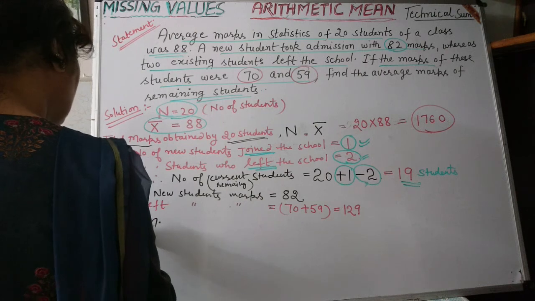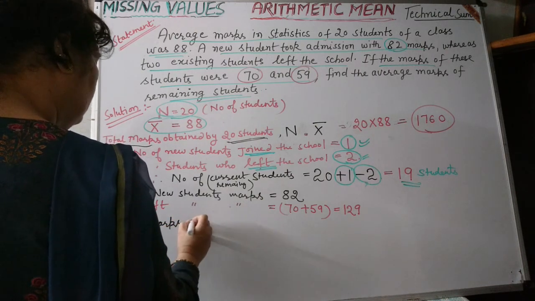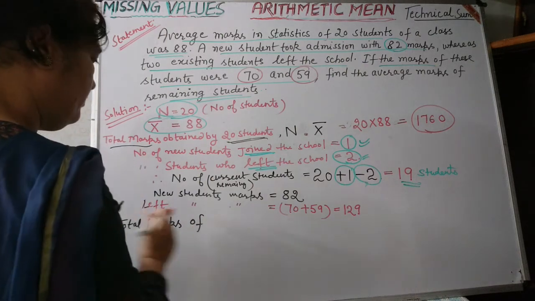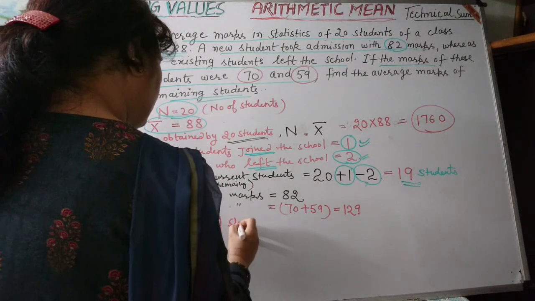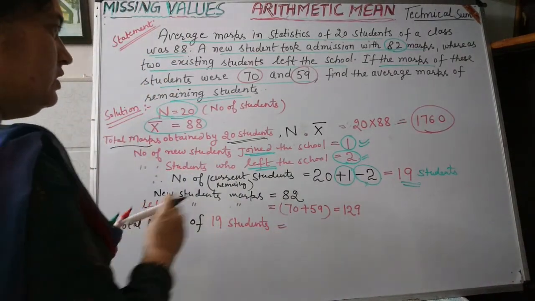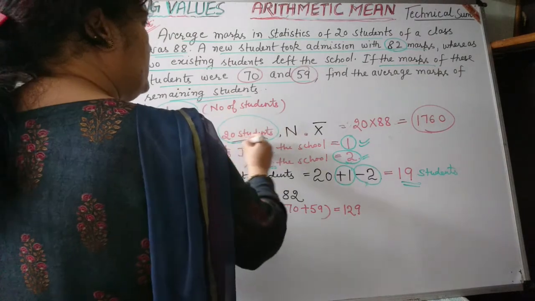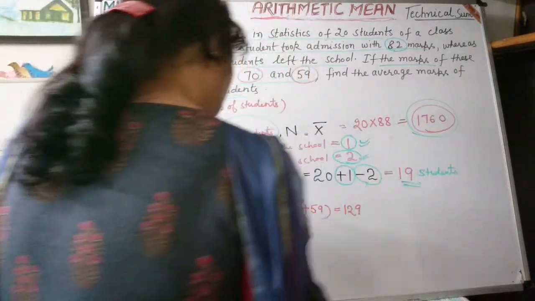Now let us see the total marks of 19 students is equal to, total 20 students. The marks of 20 students were 1760.